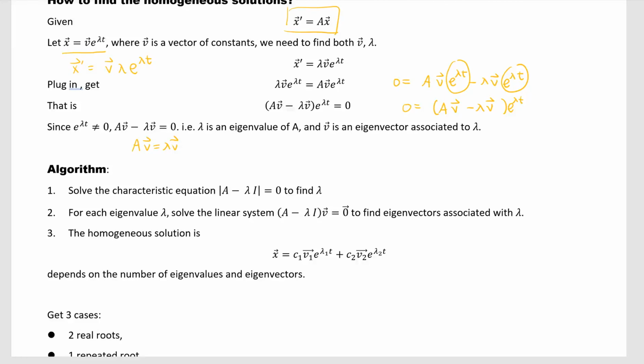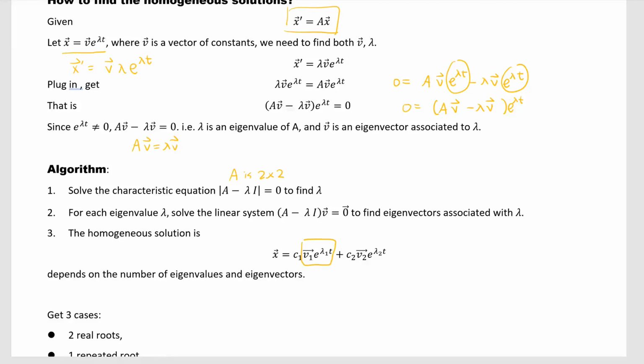Let's say our A is 2 by 2. Then the homogeneous solution is going to be C1 V1 e to the lambda 1 t, because remember our solution looks like V times e to the lambda t. That's why we have V1.